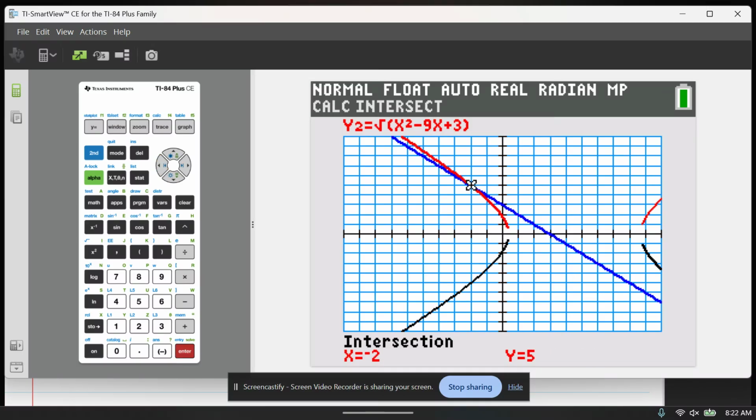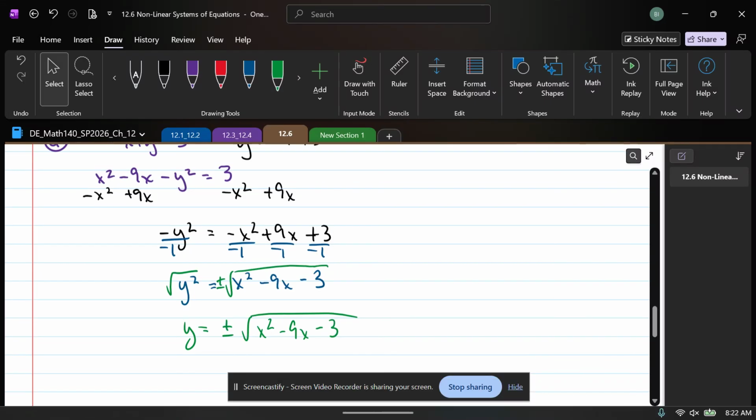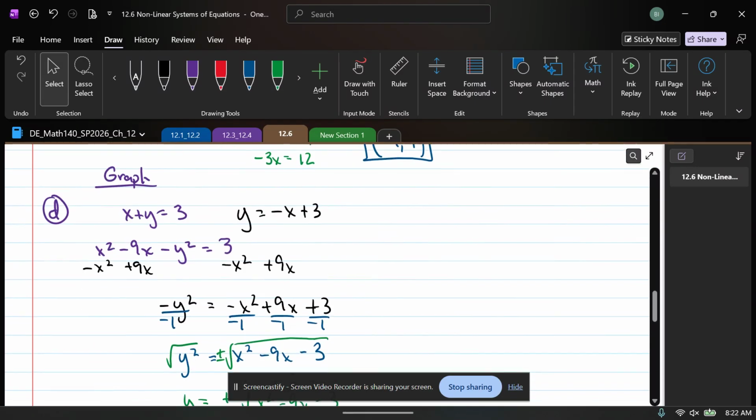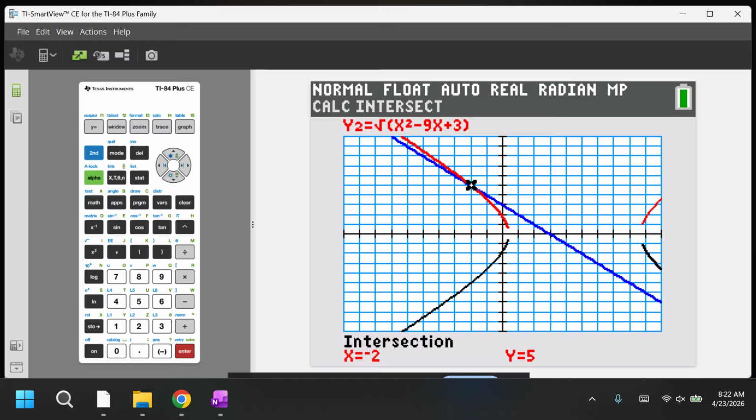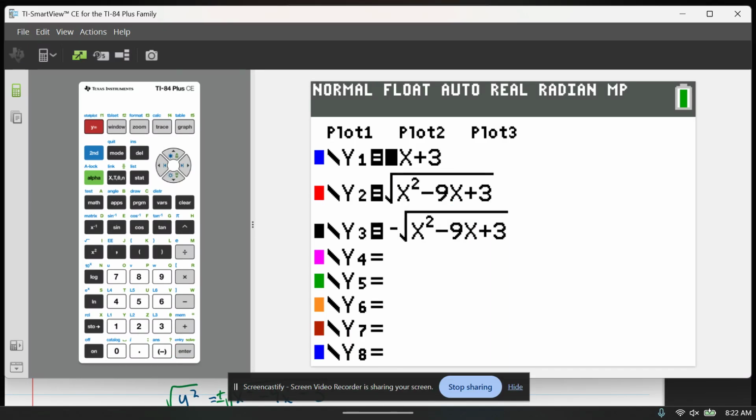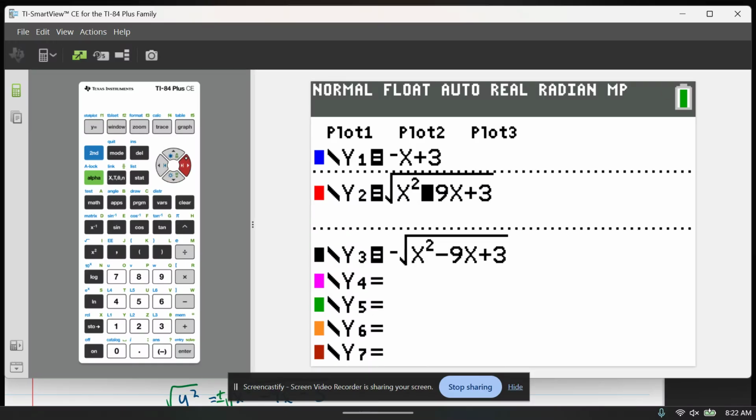And there's negative 2, 5. Which is not what we got. Did I change the problem? Or did I type something in wrong? I better type something in wrong. No, I didn't. It's supposed to be negative 3, right? On square roots. Oh, yeah, it is. That's why. You're right. I did type something in wrong. It is a minus 3.